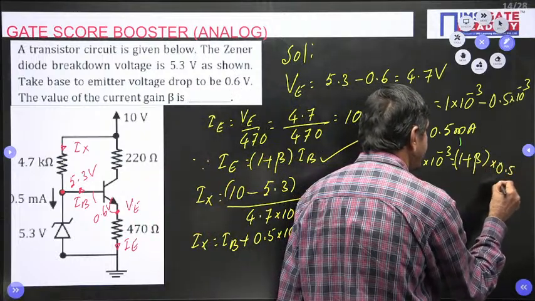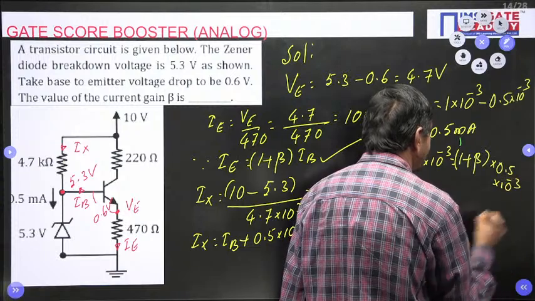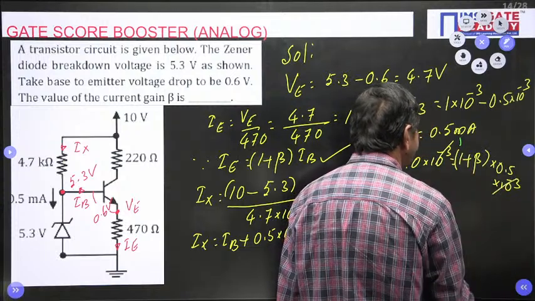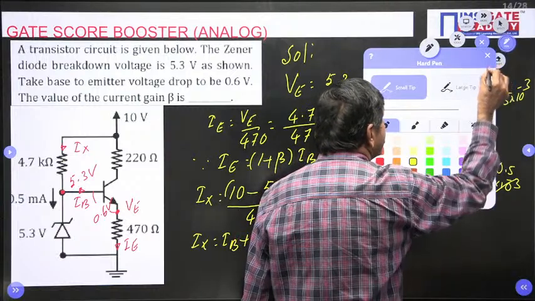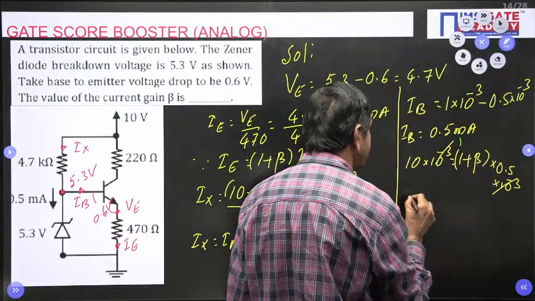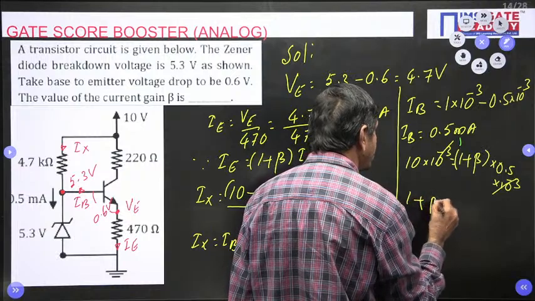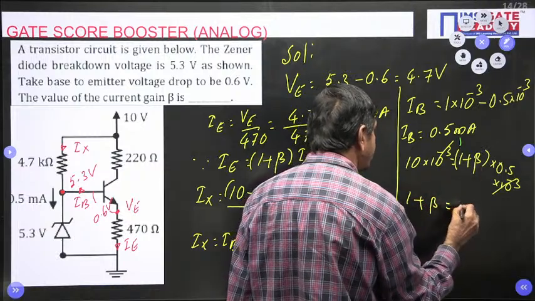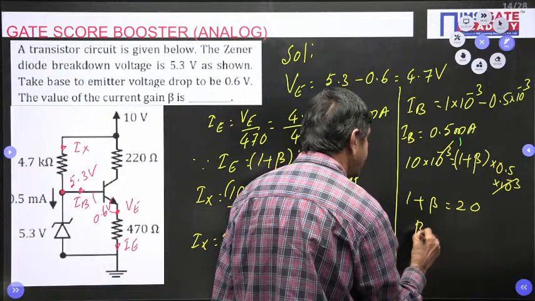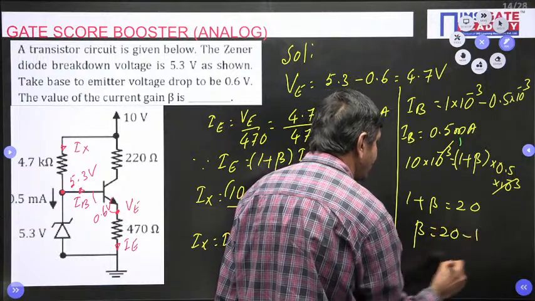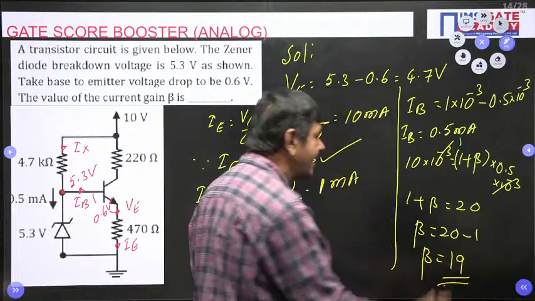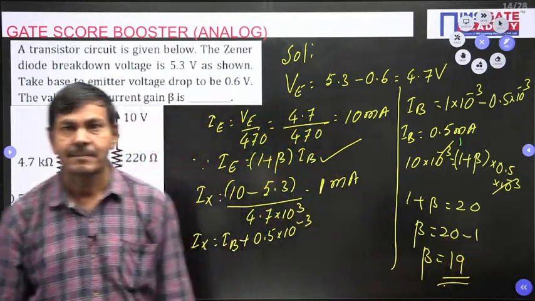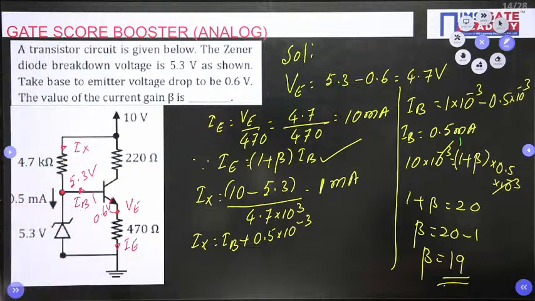The 10 power minus 3 cancels on both sides. What is left is 1 plus beta equals 10 by 0.5, which is 20. Beta is nothing but 20 minus 1. Finally, beta is 19. That is the solution of this question. Beta equals 19.